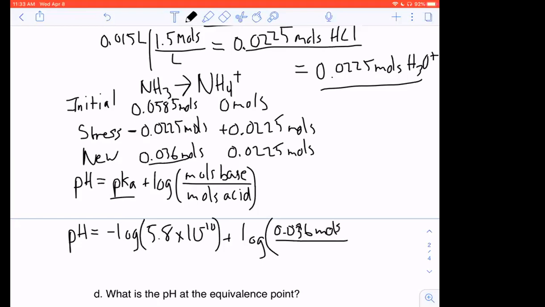And then moles of the acid is 0.0225. Then all you have to do is plug that in, and it gives you the pH equals 9.44. And so there you go.